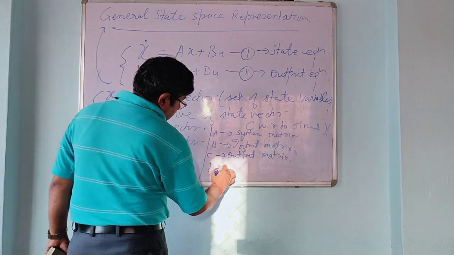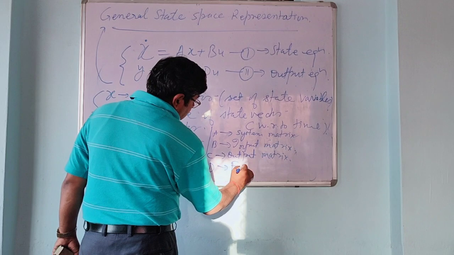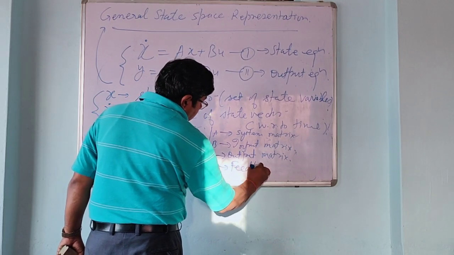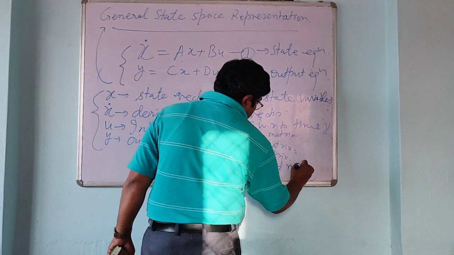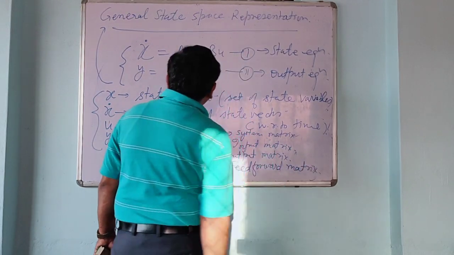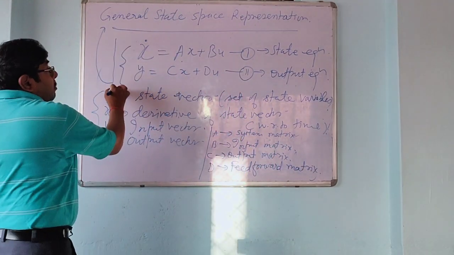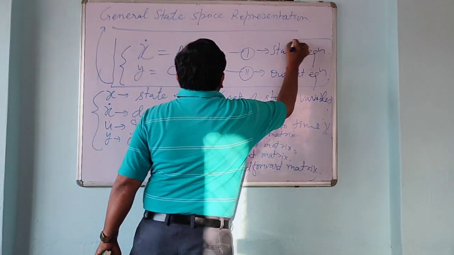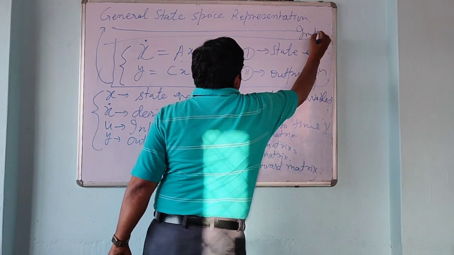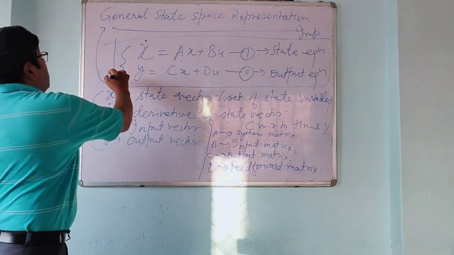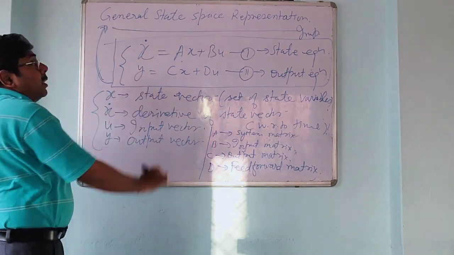And D is called the feed forward matrix. So these two equations are very important with respect to general state space representation.